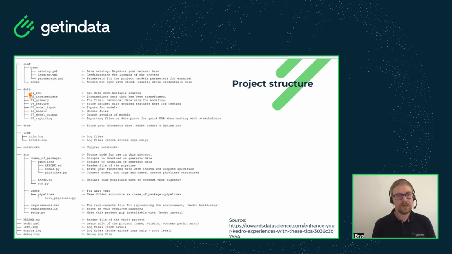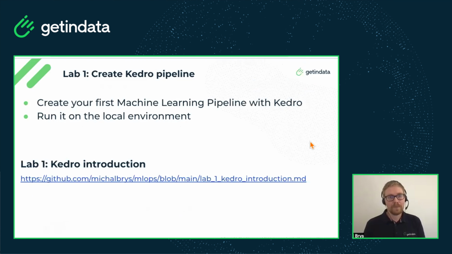So there is a dedicated place for this. You've got a place for documentation, for logs, for Jupyter notebooks, and the pipeline source code. So in the big picture, Kedro is the pipeline nodes, directed acyclic graph, data catalog, and the project structure. So we've got those 5 elements introduced by Kedro.